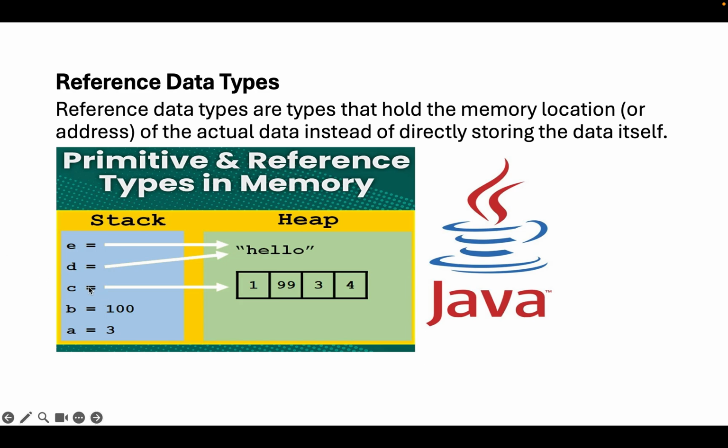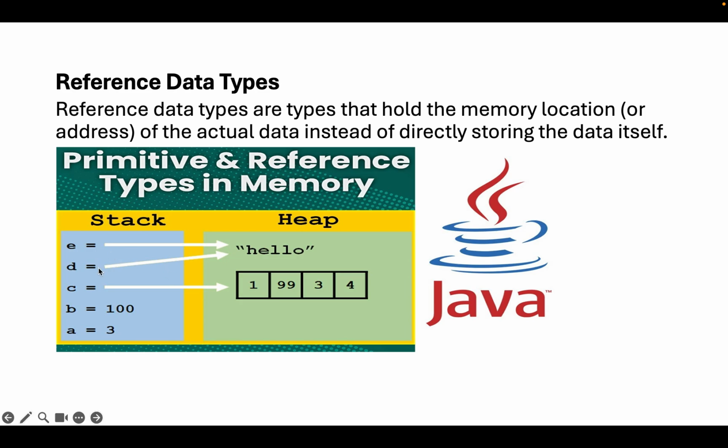So here, C is an array, and the array holds values 1, 99, 3, and 4 at index 0, index 1, index 2, and index 3. C is pointing to it, so it's a reference data type. It's pointing to the memory location, that is the array.